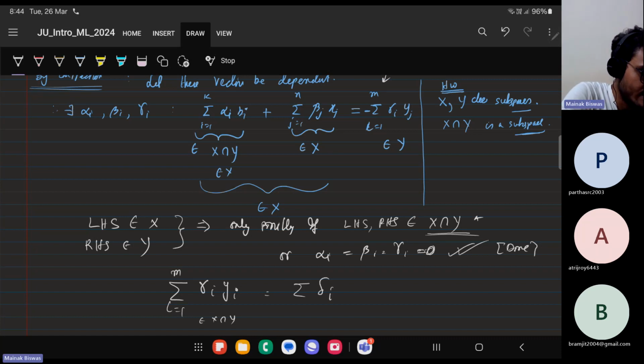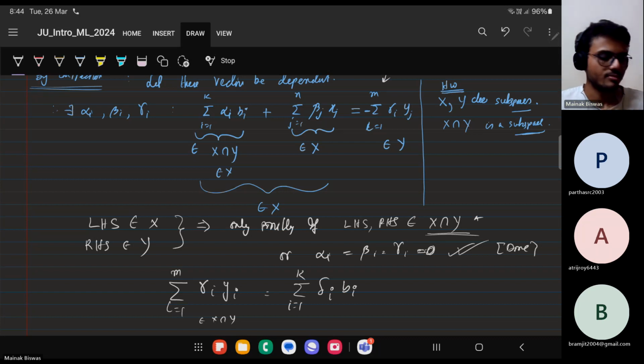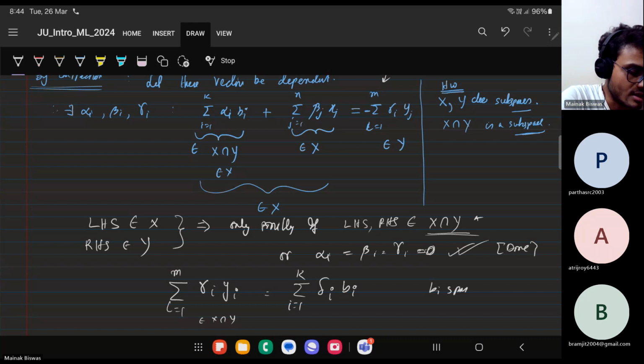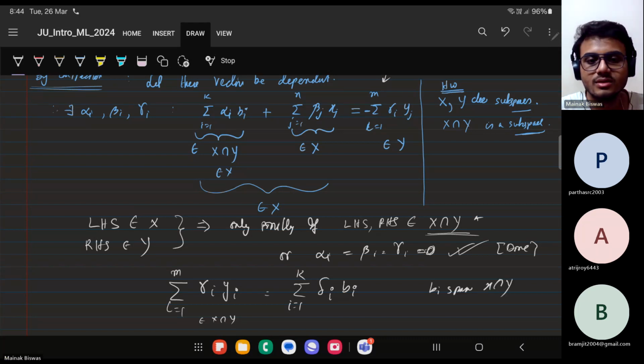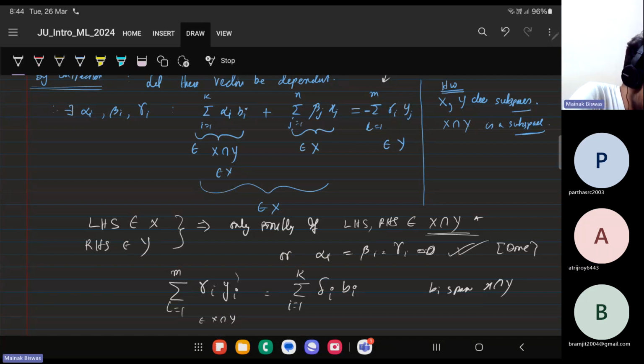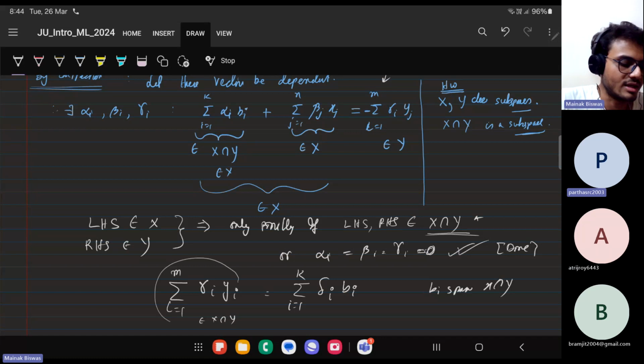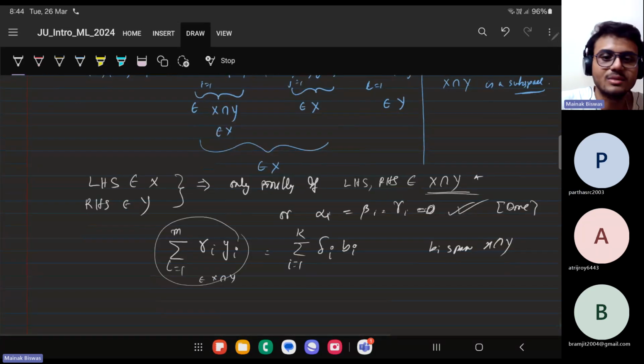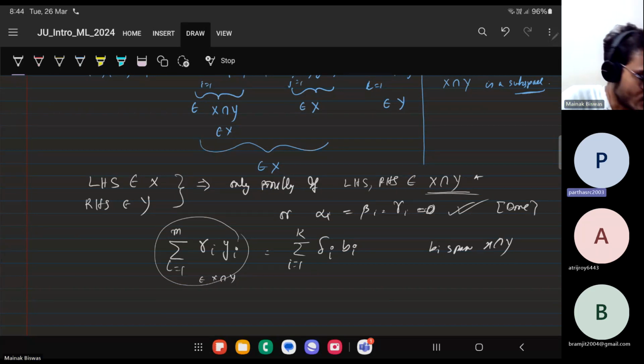Some delta i pi's, where the pi span X intersection Y, yes or no? This is a vector in X intersection Y. So I can write that as some linear combination of the basis vectors in X intersection Y, yes or no?